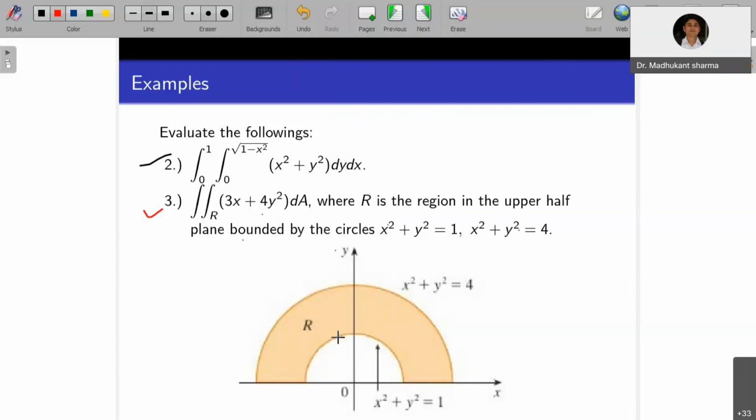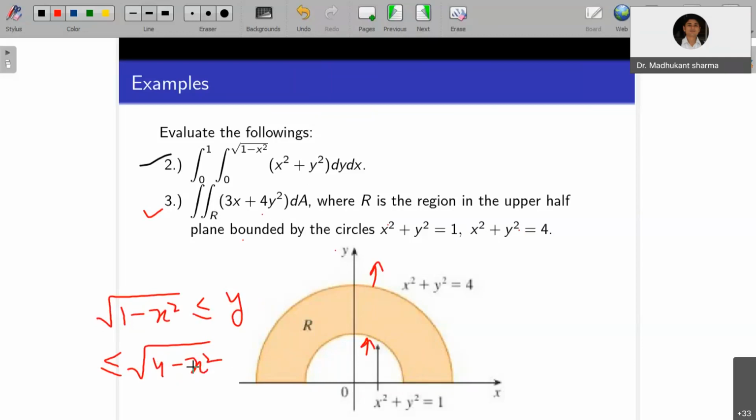The y limit: it enters here and leaves here, so square root of 1 minus x square is less than or equal to y, which is less than or equal to square root of 4 minus x square.